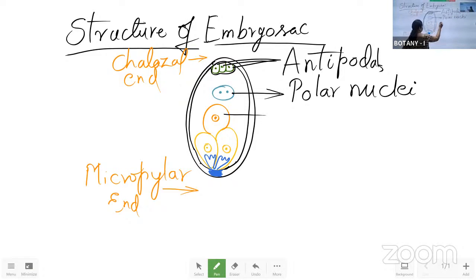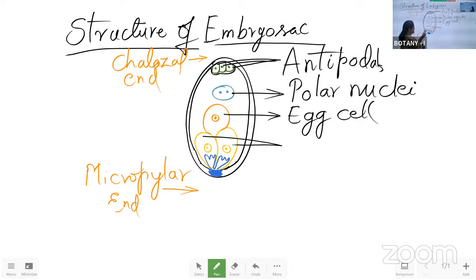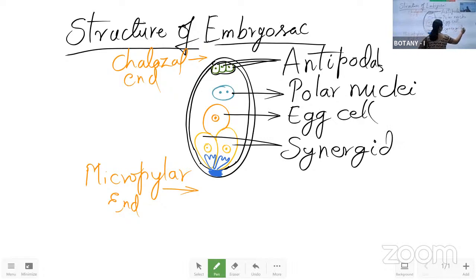And below that is the egg cell. And below the egg cell, the 2 cells which are present in the yellow color are the synergids.